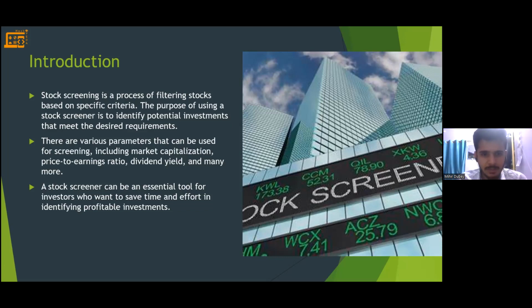There are various parameters that can be used for screening, including market capitalization, price to earning ratio, dividend yield, and many more. A stock screener can be an essential tool for investors who want to save time and effort in identifying profitable investments. This tool will give you the best options according to your needs, and it will save your time.